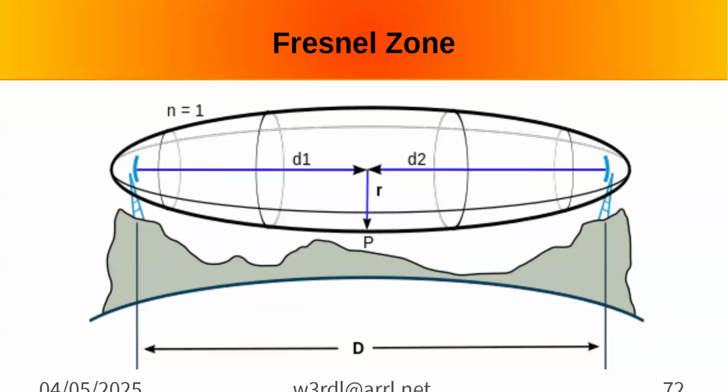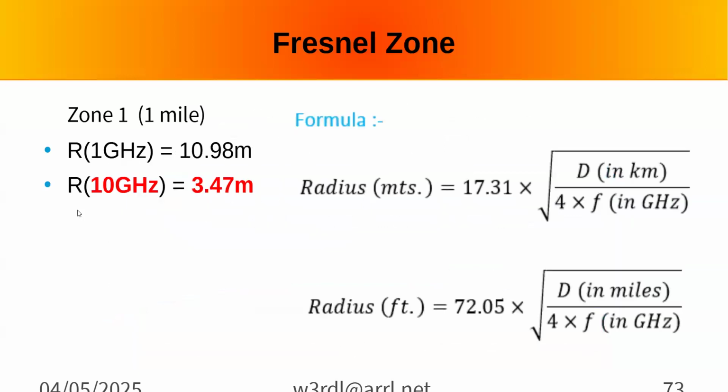Okay, but the ellipsoid is the result of what the transmitter and receiver are operating on. So the idea is to construct it, either get the ends high enough or the frequency high enough that you're missing any of the obstructions in the middle. There's formulas for calculating the radius in meters and feet.